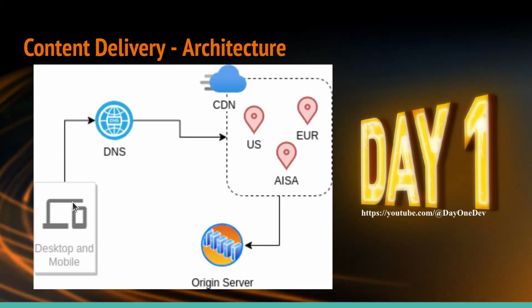If the content is pulled only from a certain region, say the servers are in the US and the customers are in Europe, Asia, or the African continent, they expect a lot of latency and buffering, right? To avoid that, there's always a CDN. The content is cached to the nearest location for the customers, and the content is delivered pretty quickly. So that is where a CDN helps you.